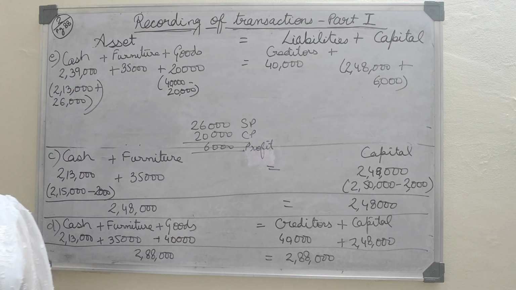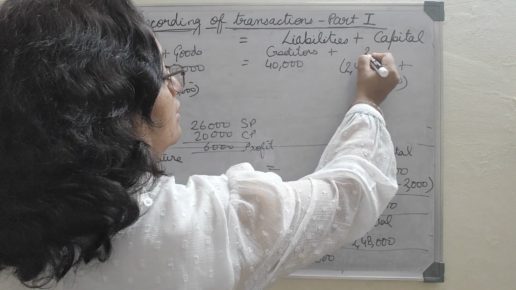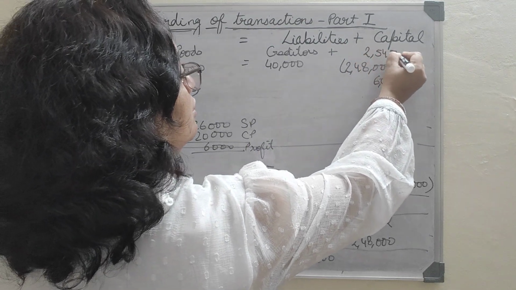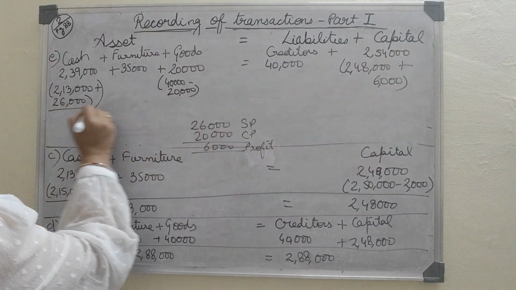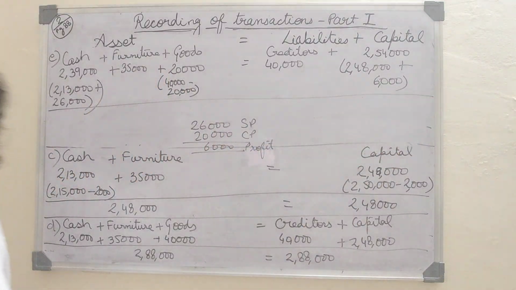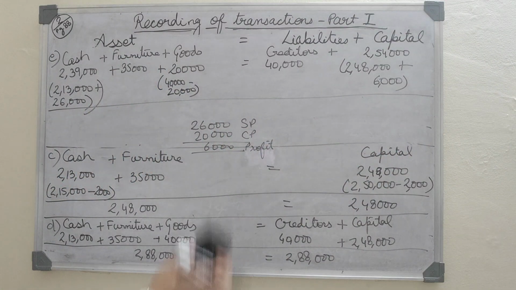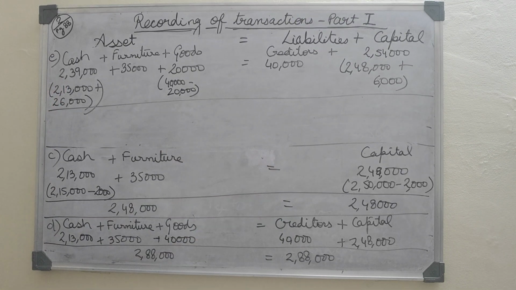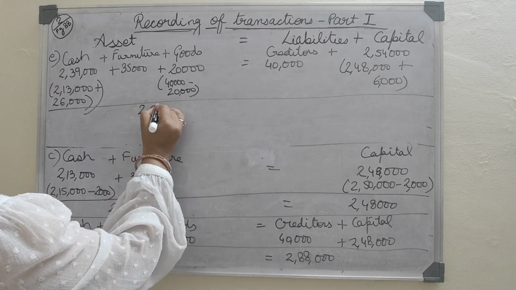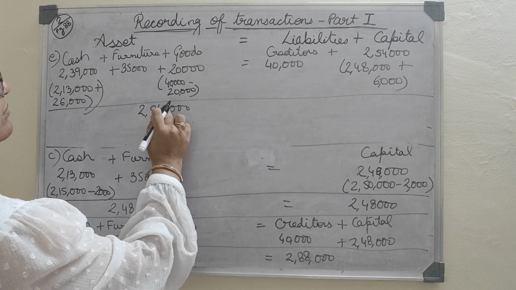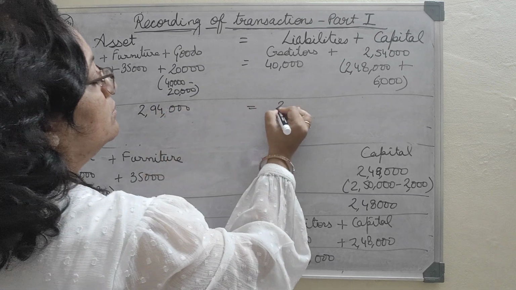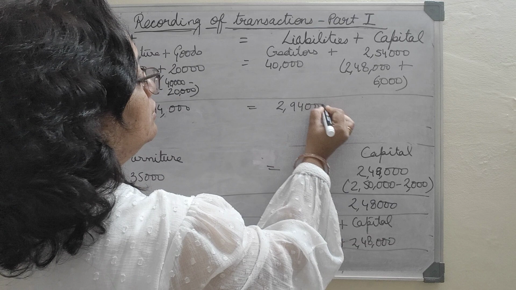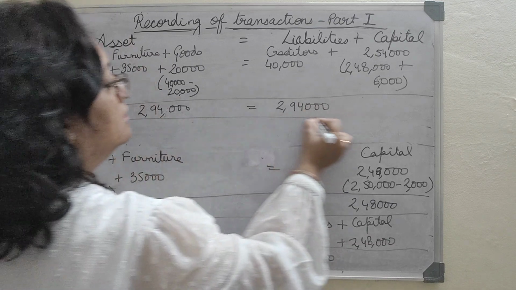So when 6,000 is added to 2,48,000, it comes to 2,54,000. I hope it is clear to everyone how this transaction works, because in the book the solution is given in brackets, but few of you may get confused about how the answer is obtained. So the total comes to 2,94,000 is equal to 2,94,000. This is the total.